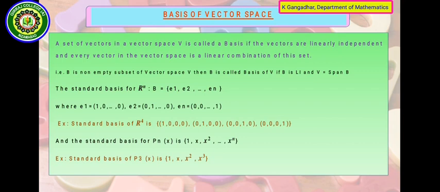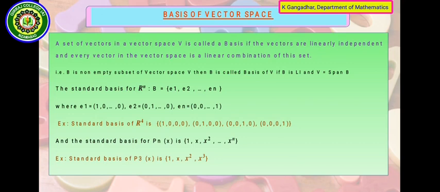In the same way we define the standard basis for a polynomial vector space. The polynomial vector space is Pn of x, and its elements are 1, x, x square, so on x to the power n. Pn is the set of all polynomials of degree at most n. It forms a vector space with respect to vector addition and scalar multiplication.